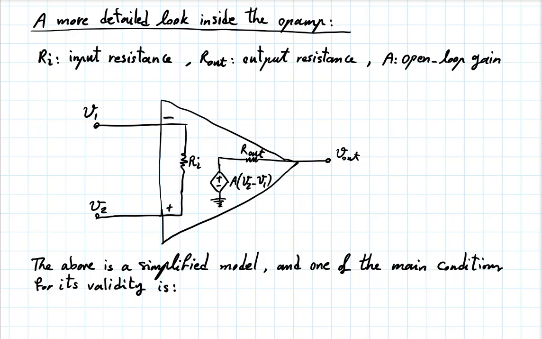It doesn't get too close to the rails, and that has to do with the limitations of the circuit that implements this. Notice I'm not showing the actual op-amp circuit, right? I'm just showing how you can model it. This is a model. This is not the actual circuit inside the op-amp.